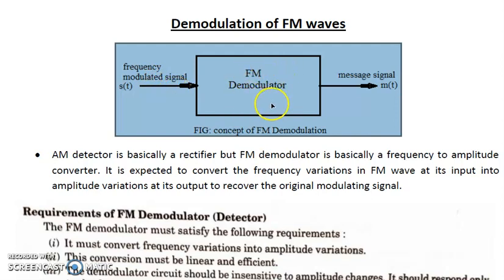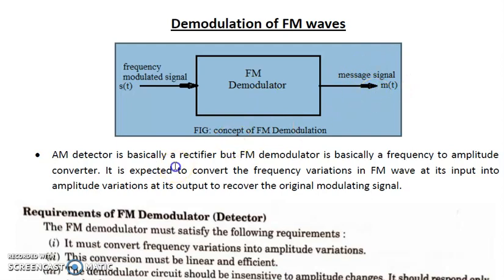The output of this FM demodulator is the message signal. Message signal means the audio signal or video signal which has to be transmitted and received at the receiving point. So via the demodulator circuit, that original message signal can be reconstructed.